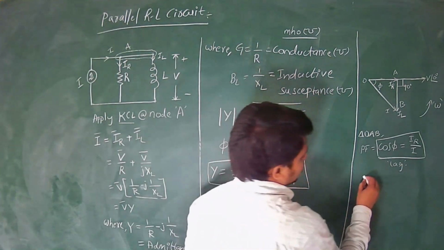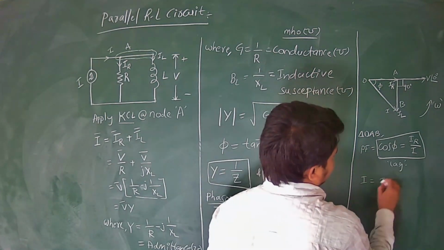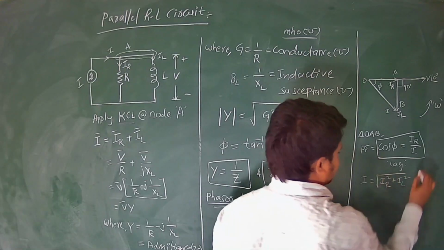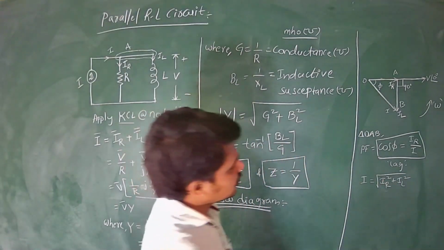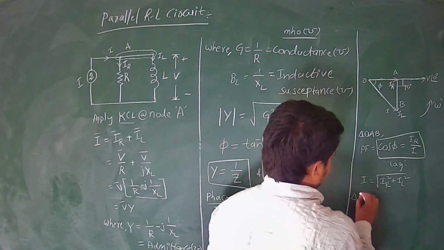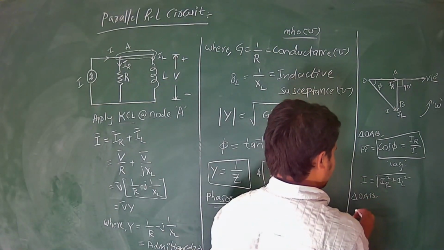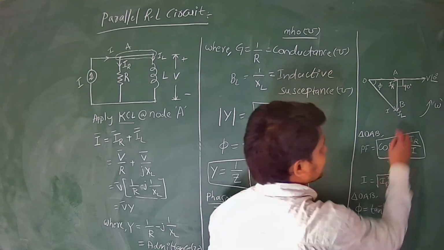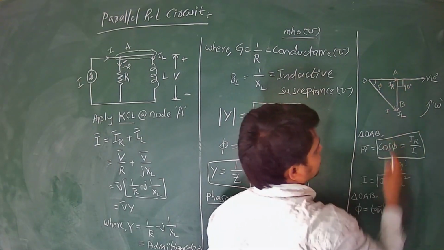Also here I is equal to the phasor sum of IR square plus IL square, that is I equals square root of IR square plus IL square. Now from triangle OAB, the phase angle phi is equal to tan inverse of IL by IR, since tan phi is opposite by adjacent.